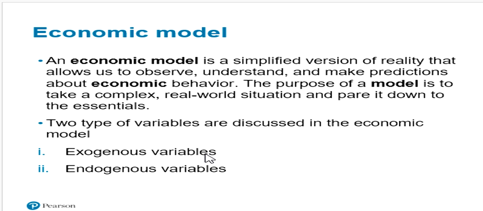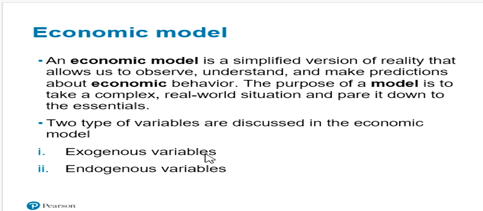Exogenous or independent variables are those variables which do not depend on any others. First the change occurs in the independent variable, then it will affect all other variables present in the model.